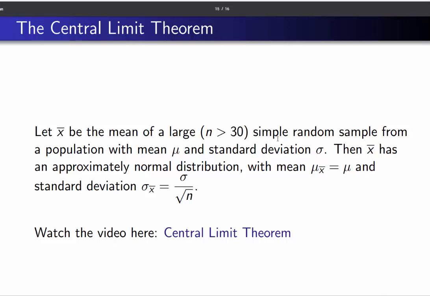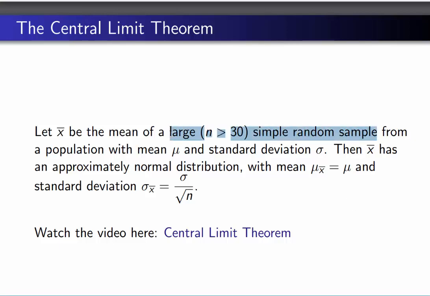So this slide right here briefly tells us the main information from the central limit theorem. Basically what it says is that if we take a simple random sample of a large enough size, so that's greater than 30, from a population with parameters mu and standard deviation sigma, then regardless of the shape of the population, the distribution of the sampling mean will be approximately normal, and the mean of the sampling mean is the same as the mean of the population, and the standard deviation is found by taking the standard deviation of the population and dividing it by square root of n.